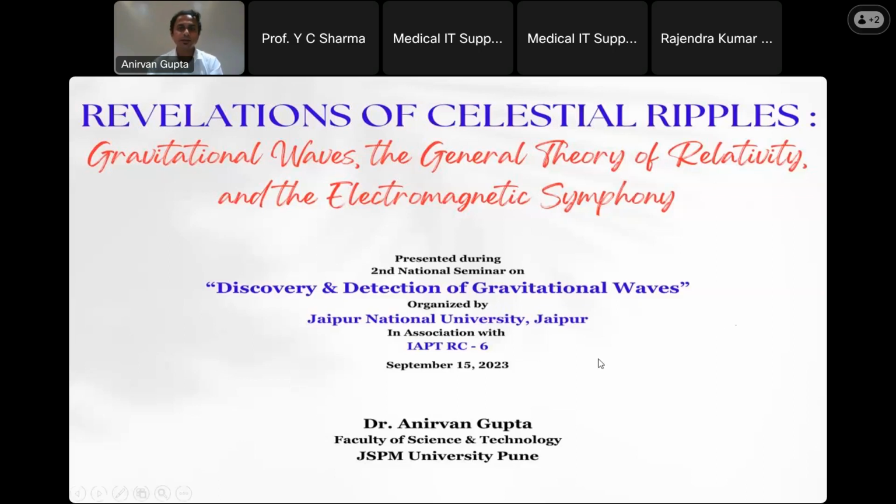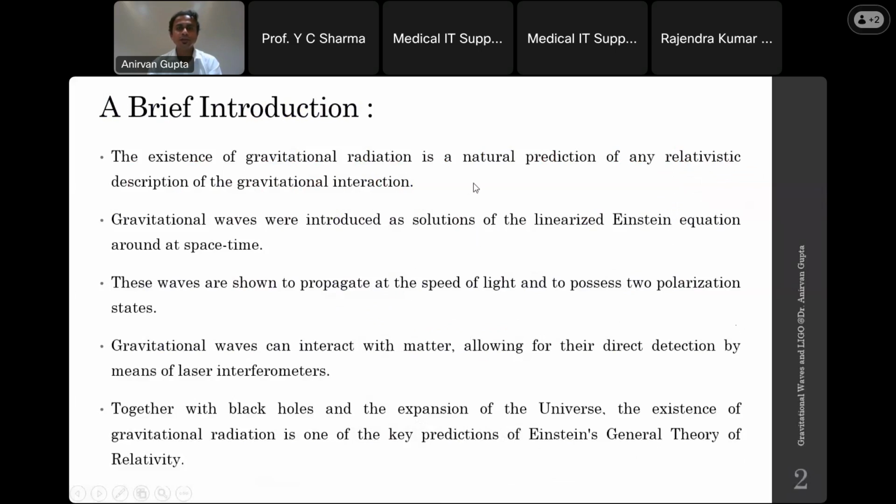A brief introduction to what we are going to discuss: the existence of gravitational waves. The existence of gravitational radiation is a natural prediction of any relativistic description of the gravitational interaction. Gravitational waves were introduced mathematically as solutions of the linearized Einstein equation around space-time.